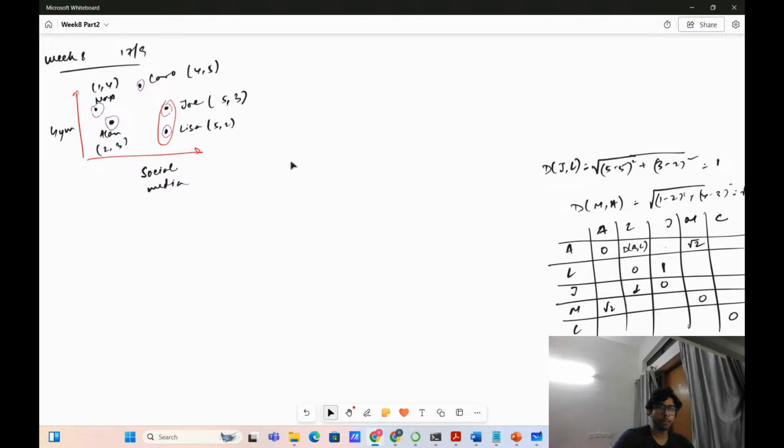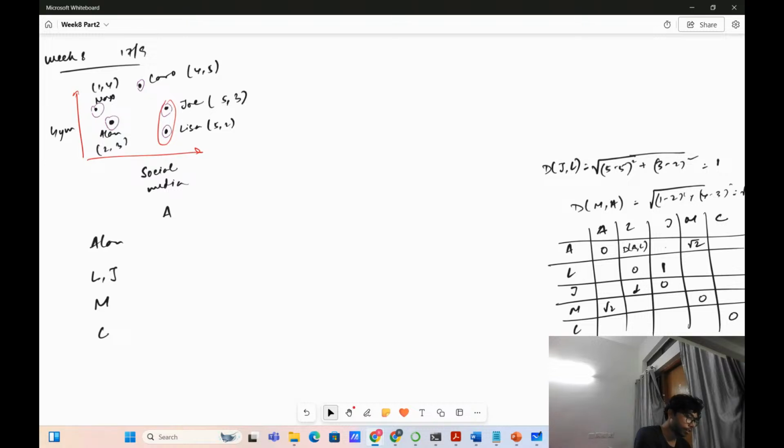We'll go ahead and use the single link method. So again we make this distance matrix. Alan, Lisa, Joe. Now Lisa and Joe have become one cluster, then Max and Caro.